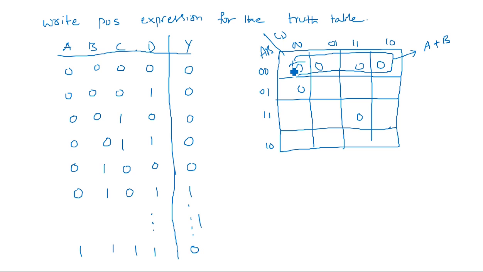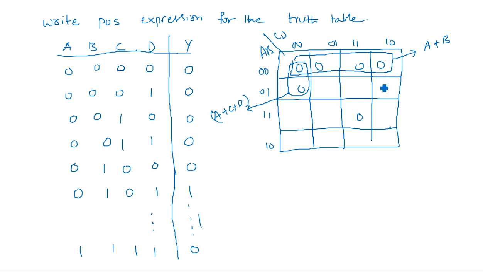And again one more mapping should be here because this 0 is by the side of this particular 0, so we have to map these two, and the expression for this one is: on the AB side we can take A as common, so it is A, and here it is C D. So A plus C plus D. The expression for this one is A plus C plus D. And what about this one?